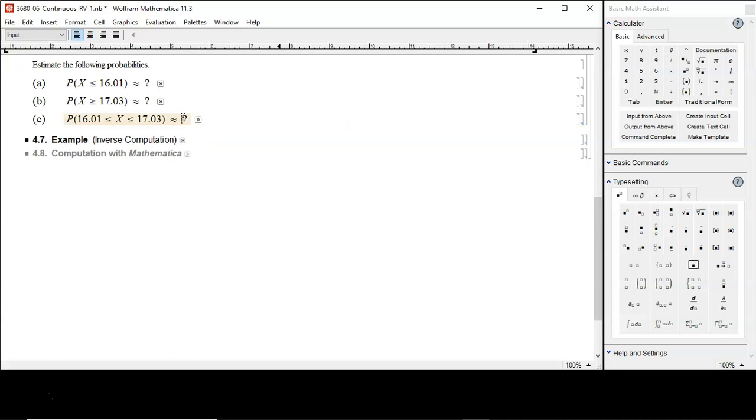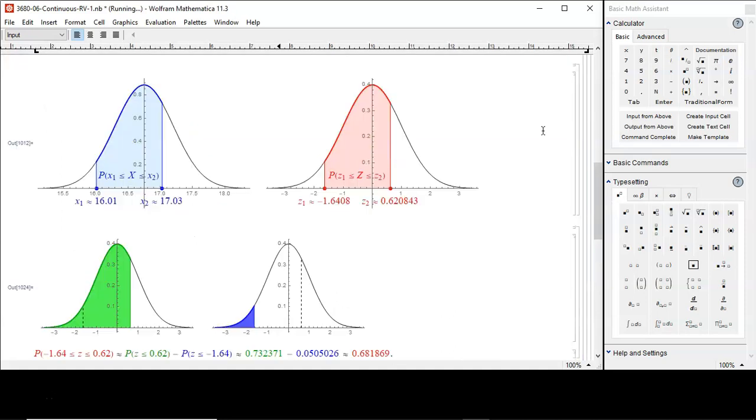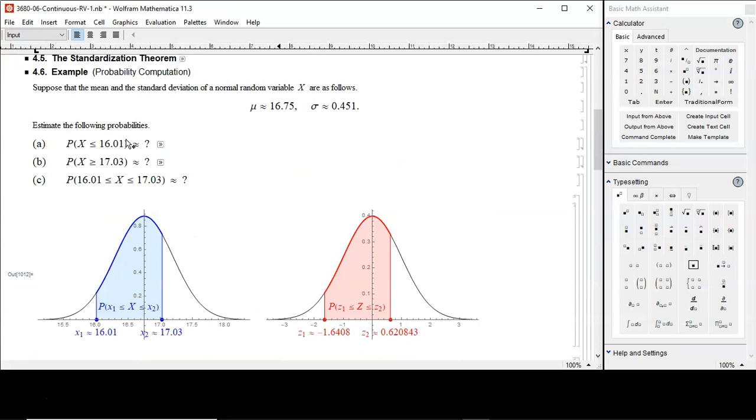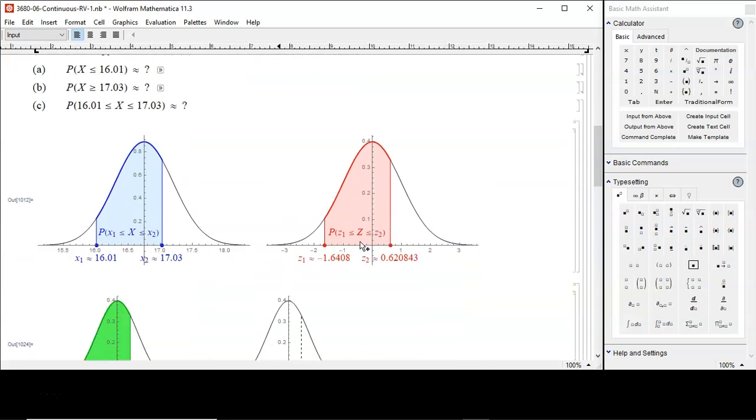Now, what if I want the probability in the middle? Well, it's going to be subtraction. This is what we want. And in terms of standard normal, it's going to be this one.